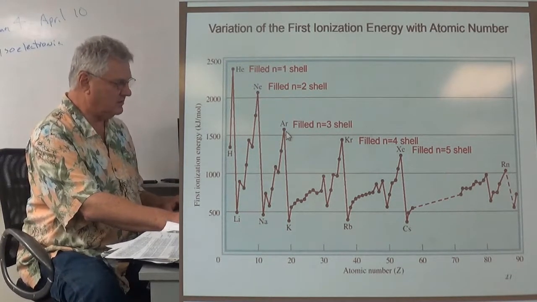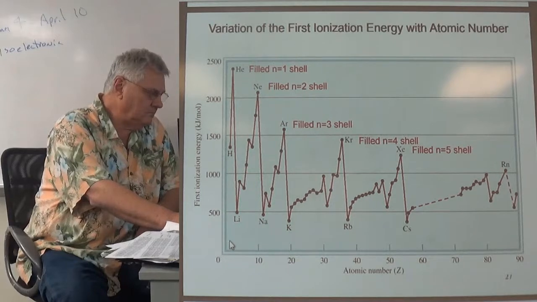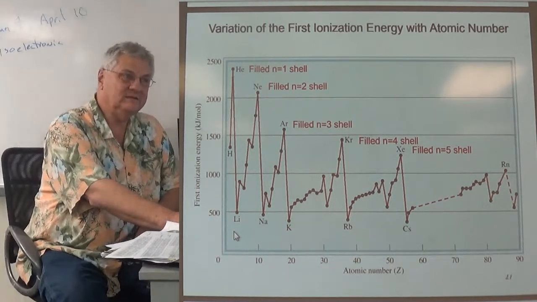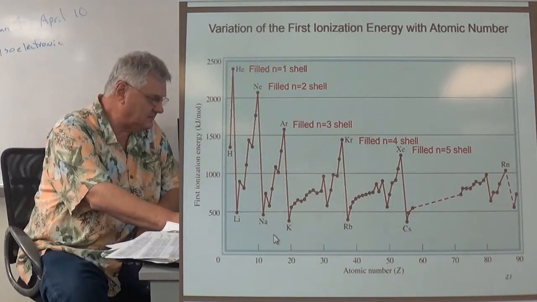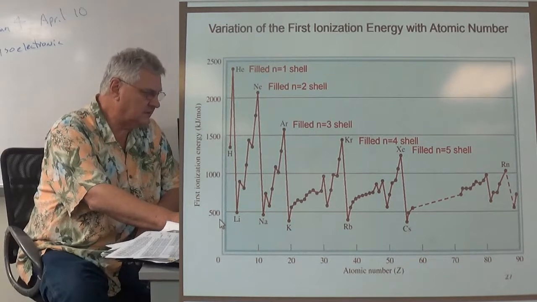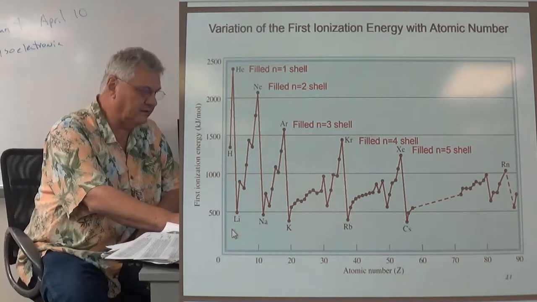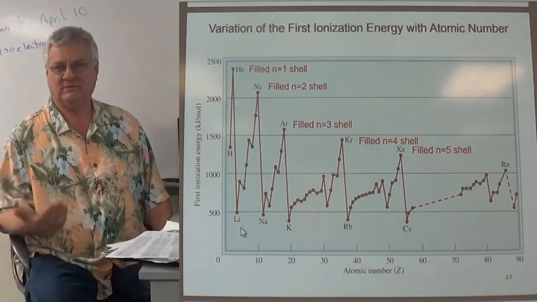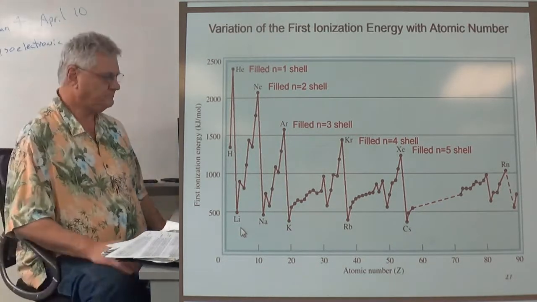It takes more energy to ionize argon than other nearby elements. And then at the bottom, notice you have here the alkali metals that are easiest to ionize. Lithium, sodium, potassium. These take much less energy, much less voltage, to ionize than other nearby elements. So this is a periodic trend that's kind of predictable based on what we know about those elements.